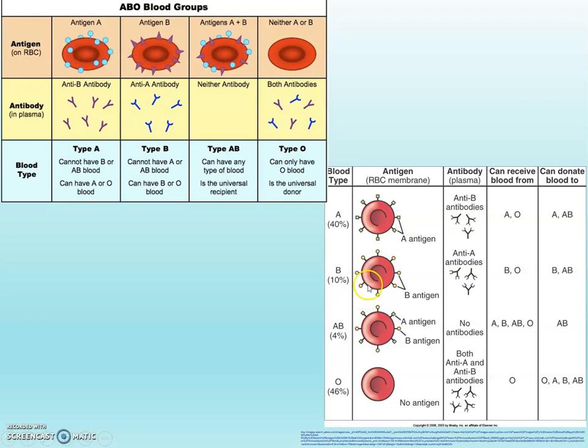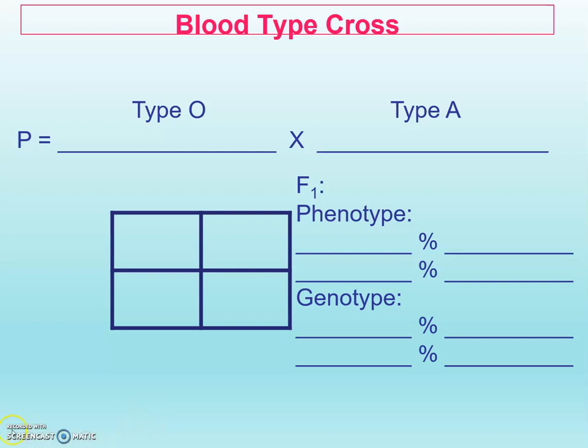If you have type B blood, you have the B antigen and A antibodies. If you have AB blood, remember it's codominant, you have both antigens, but you don't have any antibodies in the plasma. And if you have type O blood, you have no antigens, but you have both antibodies. All right, so let's work out a little cross on blood type.